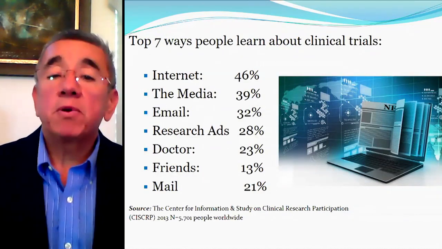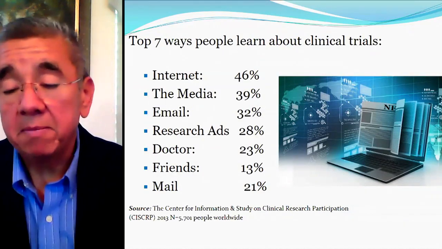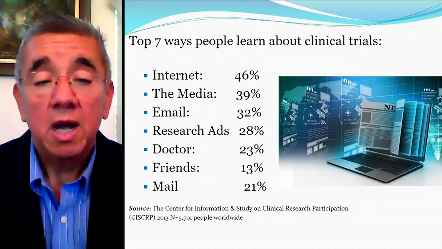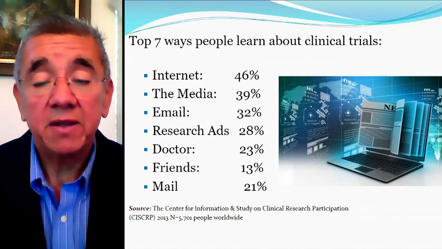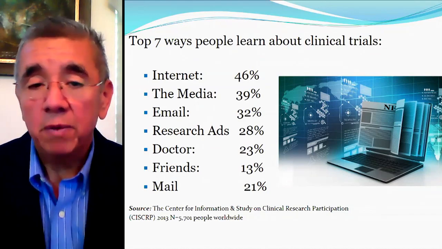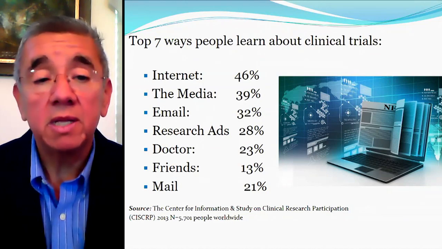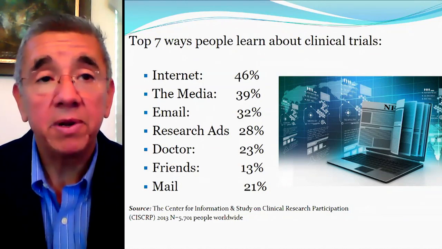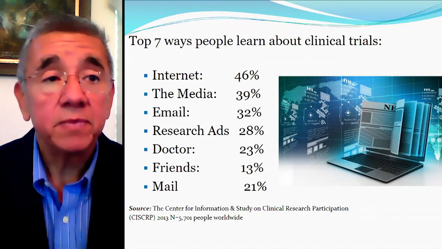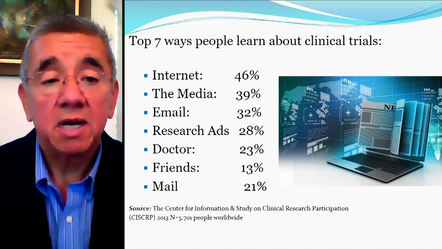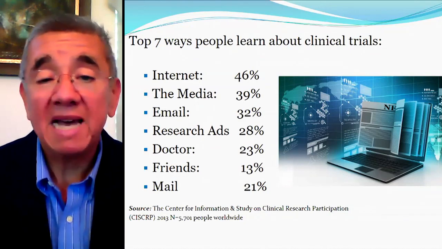The 7 ways people learn about clinical trials: the media is really important for us to communicate or disseminate the information about participation in clinical studies. We have the internet, which is number 1. Social media has become very popular for young people and also for all people. The media is second. We have blast emails.